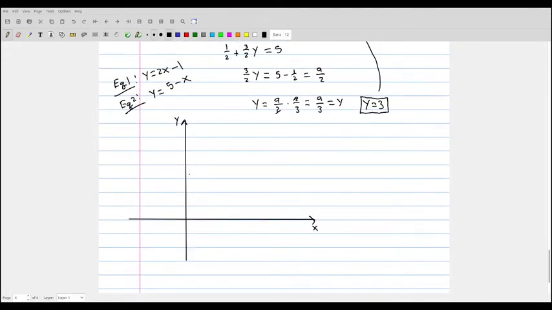So equation 1 is a line of slope 2, and it has a y-intercept of negative 1. So it's the line going through these 2 points right here. This is equation 1.